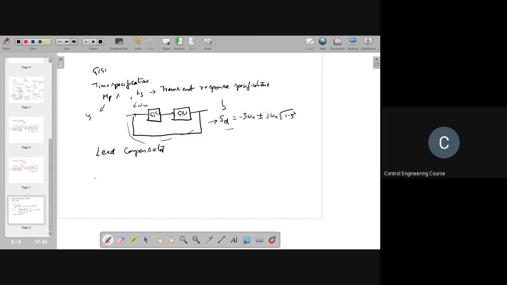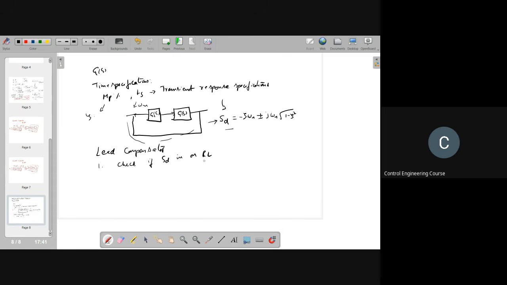Once we have computed the Sd from the transient characteristics, we immediately check whether Sd is on the root locus of the given transfer function, right? Check if Sd is on the root locus.